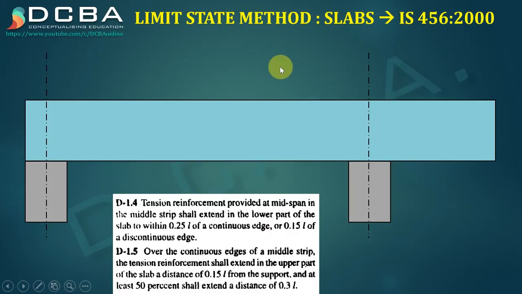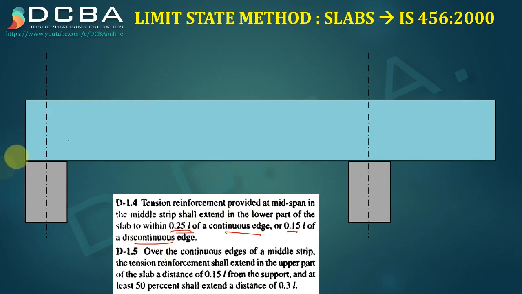Now let us check the detailing part of the slab. So what is given in this clause D 1.4 is tension reinforcement provided at mid-span in the middle strip shall extend in the lower part of the slab to within 0.25 L of a continuous edge or 0.15 L of a discontinuous edge.